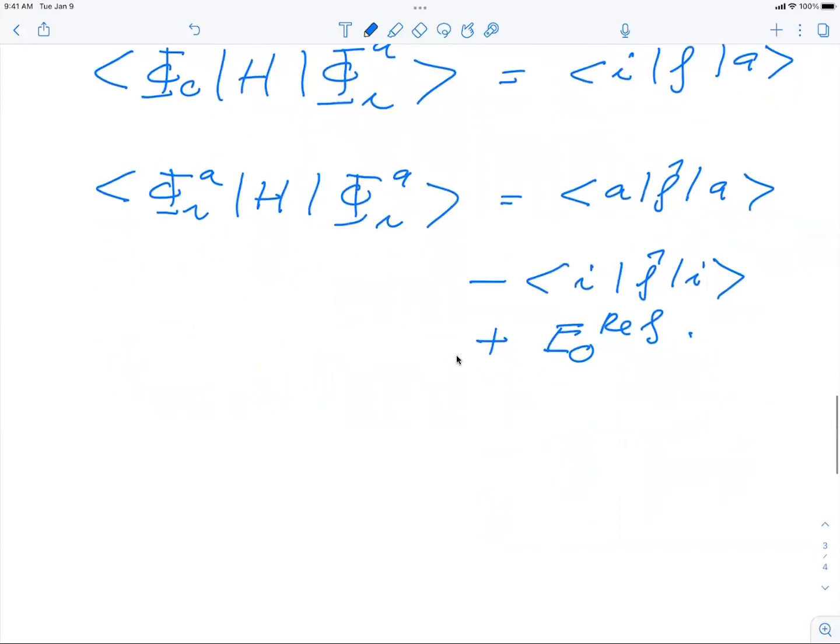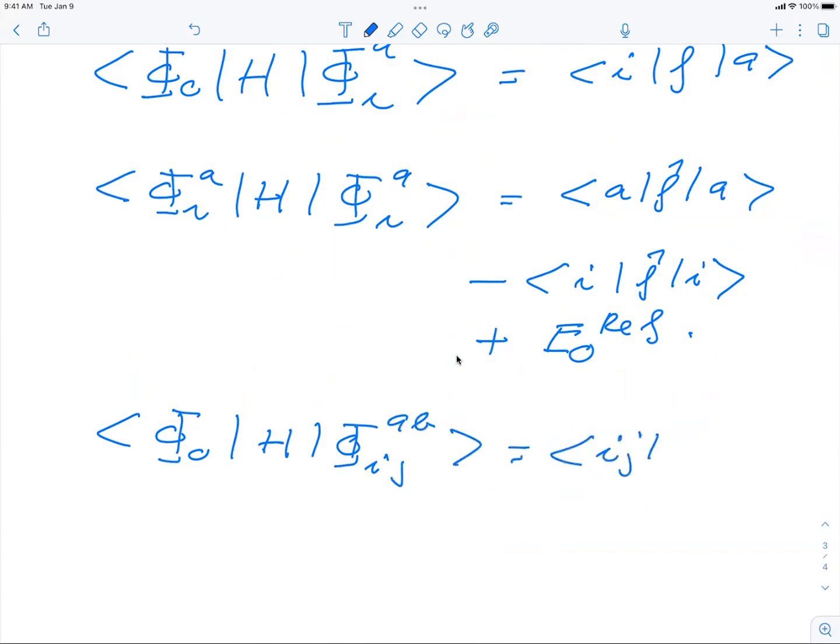We also calculated the matrix element between phi 0 and H and phi ij of A, B, and we found that one to be given by ij v AB anti-symmetrized.